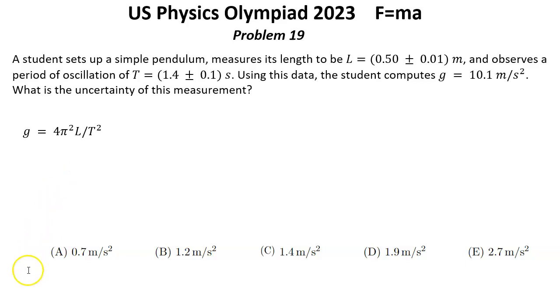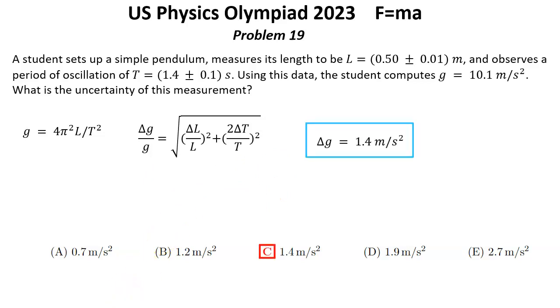From this we can use this formula. Delta g over g equal this expression. Thus we have delta g equal 1.4 meters per second squared, and that's answer C, and that was a solution for problem number 19.